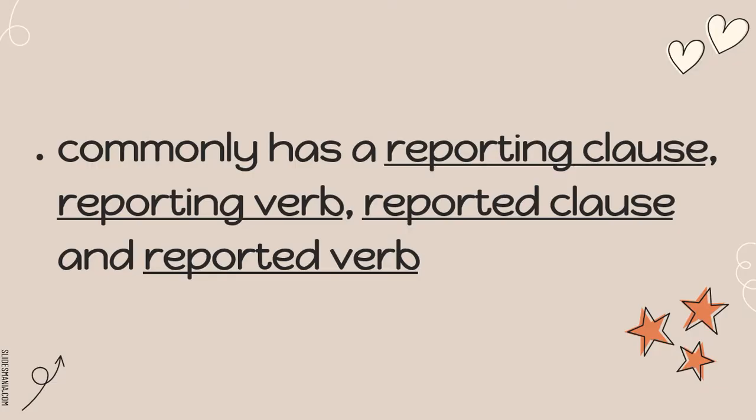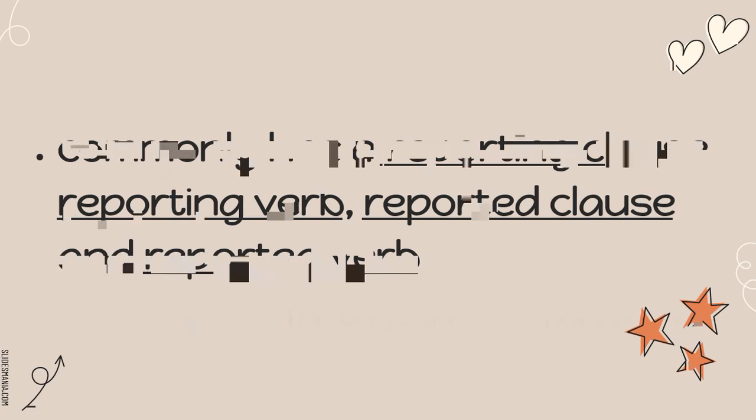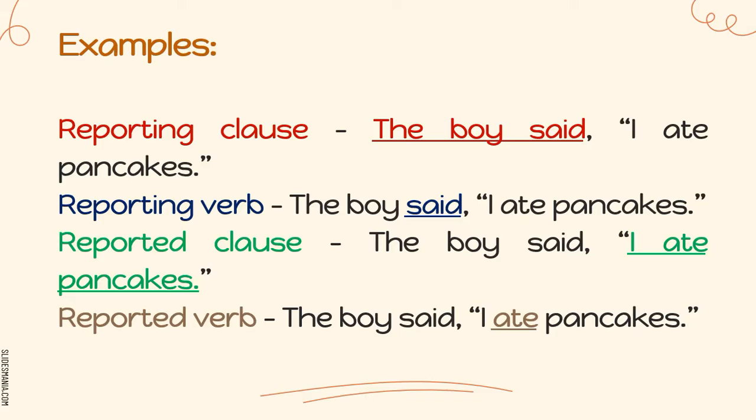Let us try to identify what these are, using this example. For the reporting clause, we have "The boy said." That will be your reporting clause. The boy said, and then comma, "I ate pancakes." Your reporting verb inside that reporting clause is the word said.